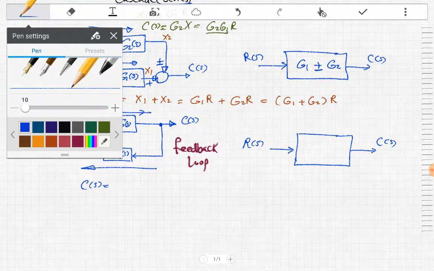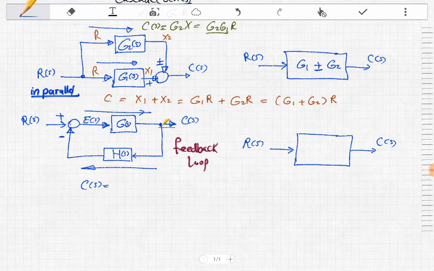So, what's C? If you look at C, C is here, right? And here also. I'm talking about the C output here. It is equal to the transfer function G times E, right? So I would say it's equal to G of S times E of S. Now, what is E? E is the output of the summing point, right?